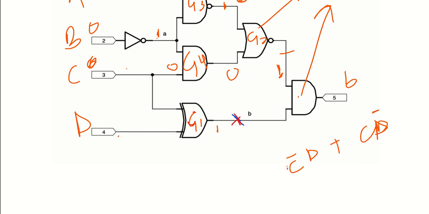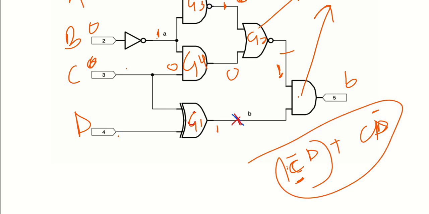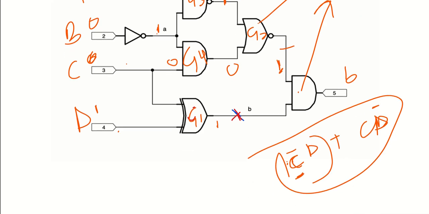So if C is always 0, then D has to be always 1, to get a 1 from this whole expression. So D always has to be 1. So our test pattern would be something like 1 0 0 1, for testing for the error at B.